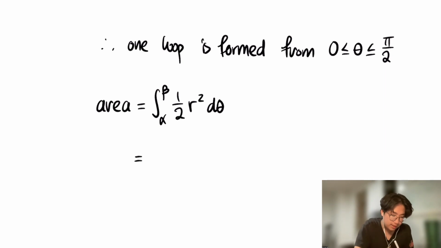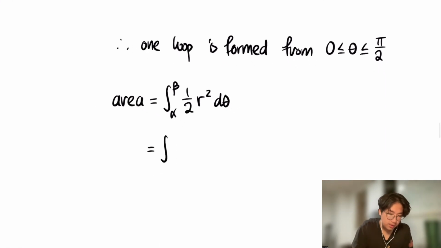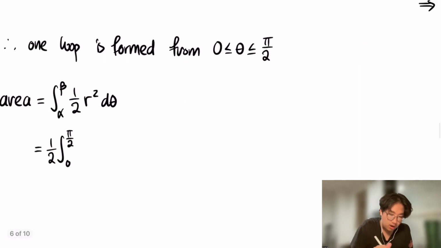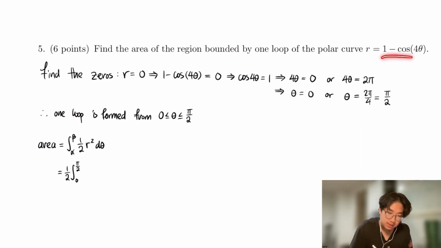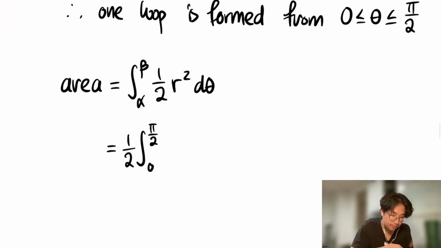So now we can plug in the known values. We know that alpha and beta are 0 and pi over 2 respectively. The 1/2, I guess you can move out front. It doesn't really matter if you keep it within the brackets or not. So 1/2 r squared, and we know that r is equal to this right over here. I'll just write it fully out and then slowly expand it.